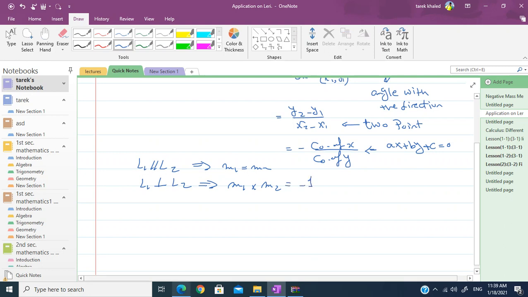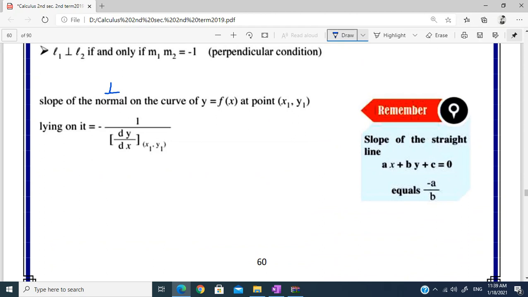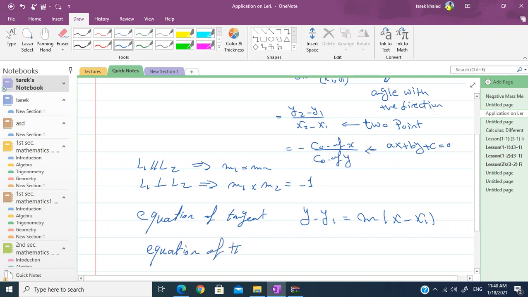The equation of the straight line we can get from the rule y equals mx plus c, or as we studied before, the equation of the tangent is y minus y1 equals slope times x minus x1, and the equation of the normal, which is perpendicular to the tangent, is y minus y1 equals -1 over m times x minus x1.